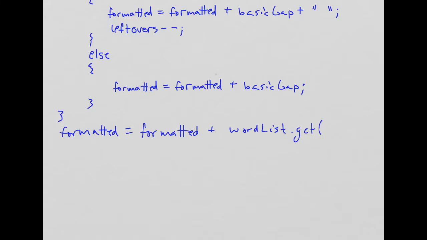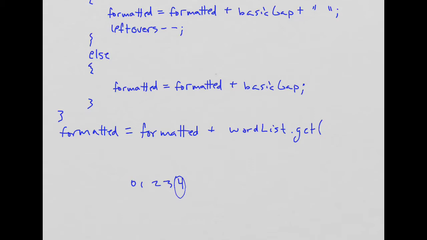Remember, word list dot length, or actually no, that's for an array. Word list dot size gets me the entire size of the list. However, that's one index too far, because remember we start at 0, so if the size is 5, then that would be 0, 1, 2, 3, 4, because that's 5 different things. So something this long would be size 5, but my last index is 4.